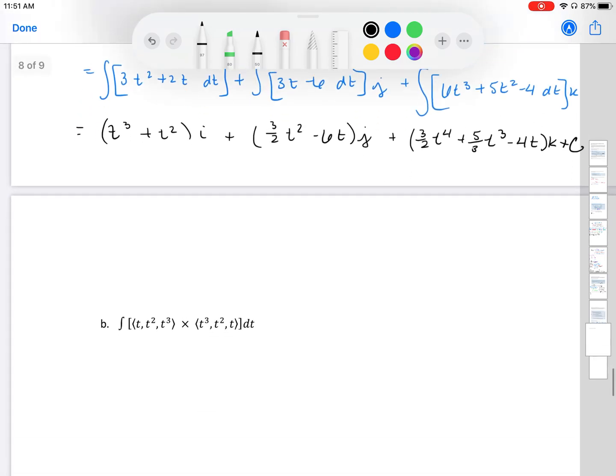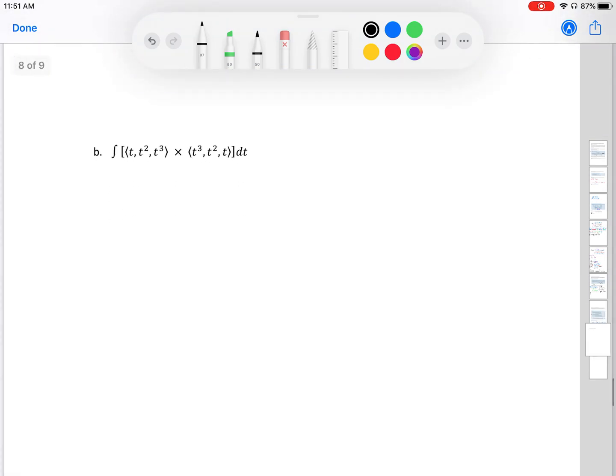Okay, let's do B. B is different for us. So I want to calculate the integral for these vectors and the cross product. So we first need to calculate the cross product.